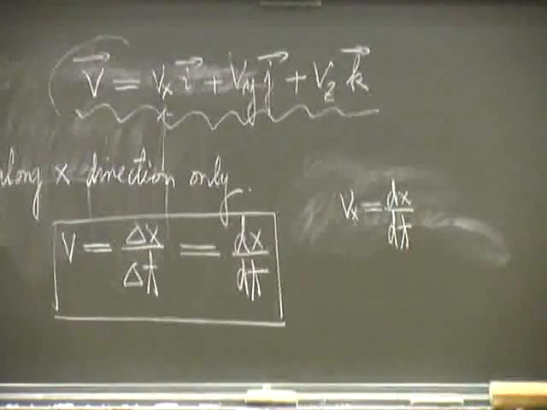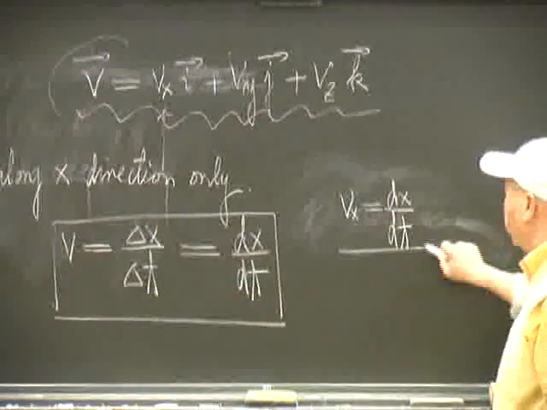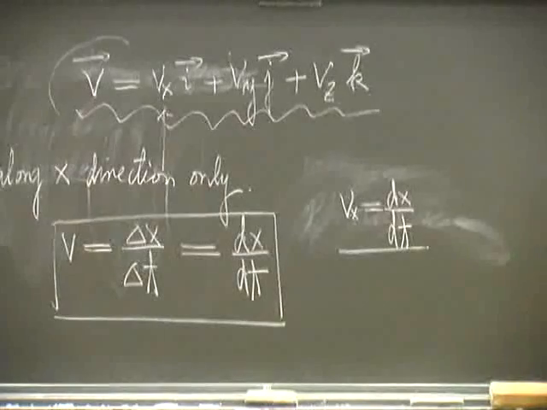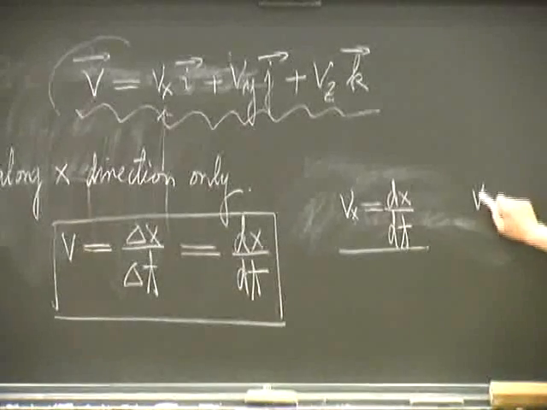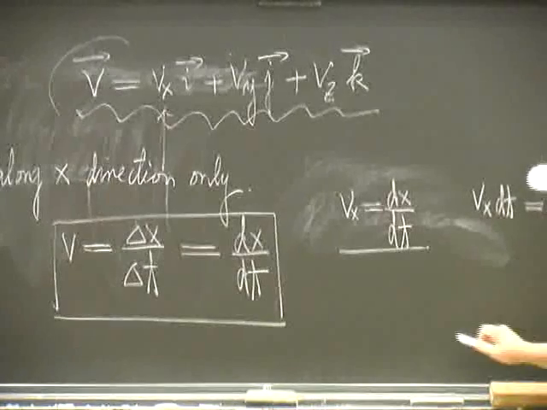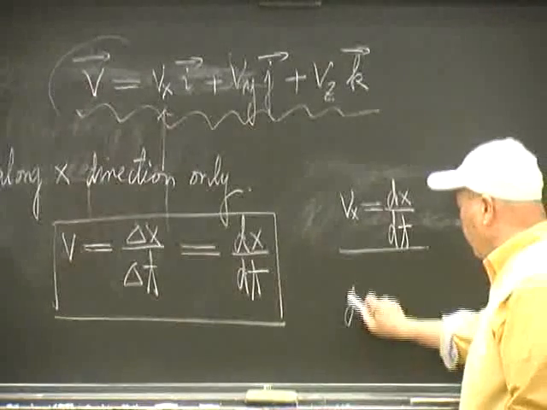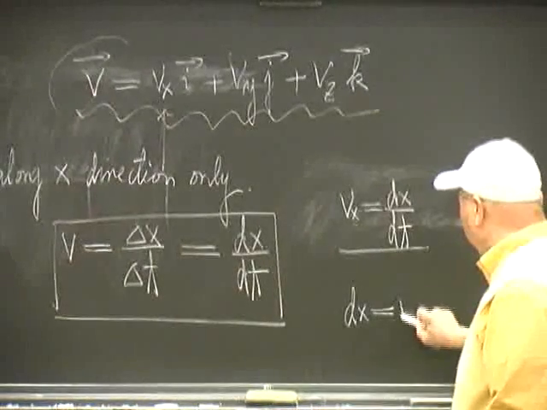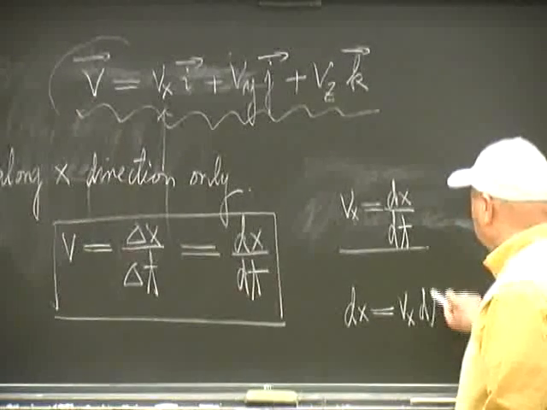Now we solve this differential equation, or simple derivative equation. So you have v_x dt equal to dx, or you could say dx is equal to v_x dt.